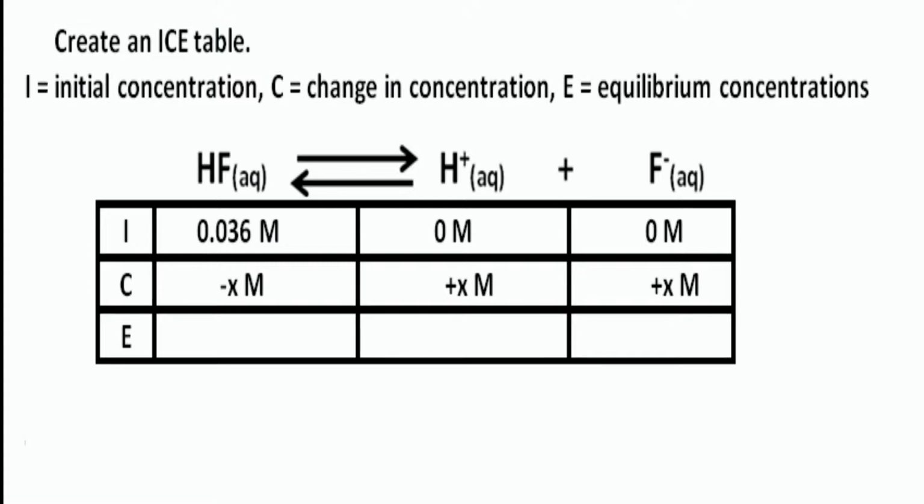Therefore, these concentrations are represented by plus X. At equilibrium, the concentration of the hydrofluoric acid will equal 0.036 minus X. And of course, the concentrations of both hydrogen ion and fluoride ion at equilibrium will be represented by X. This data should be inserted into the ICE table.